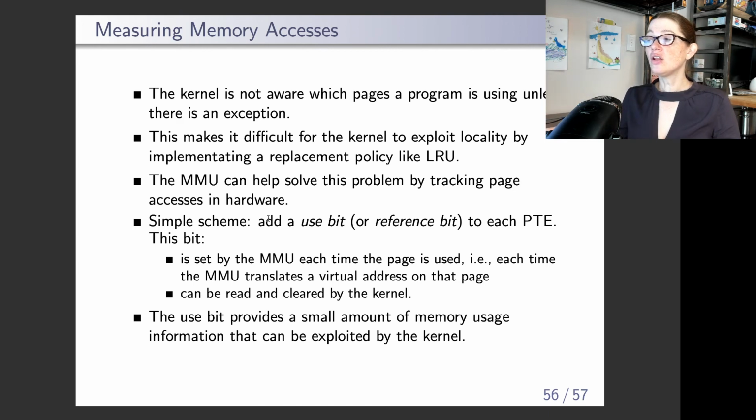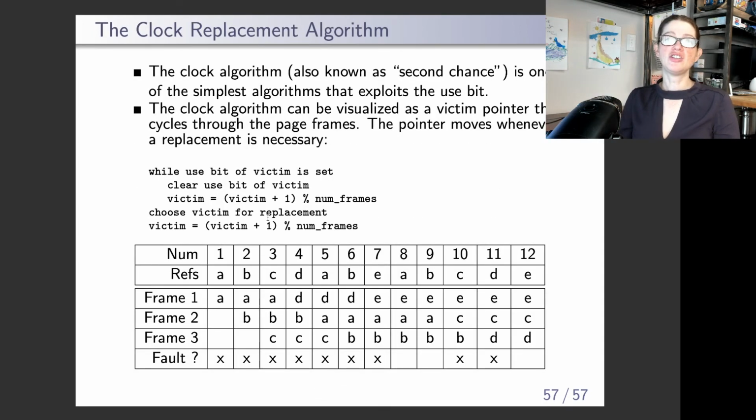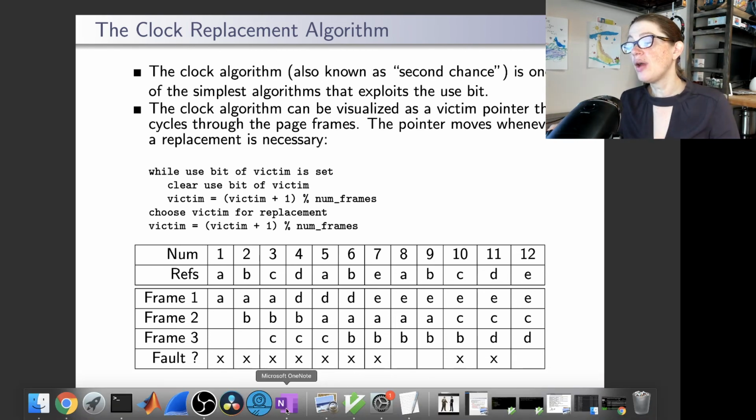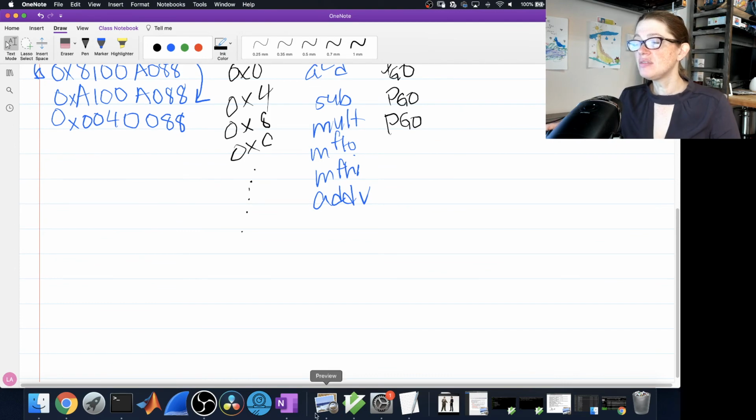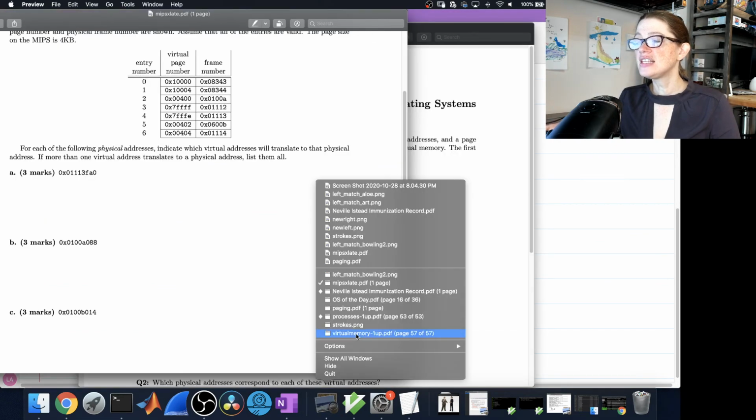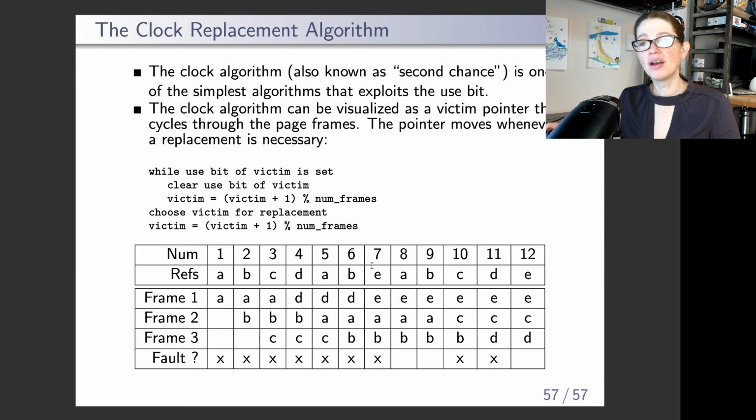So let's look at an implementation that makes use of the use bit. This is called the clock replacement algorithm, and instead of showing you this with this slide, I am going to show it to you in OneNote. And again, just a quick reminder that not every example will be better with clock replacement. It's just that on average, clock replacement is better than FIFO.